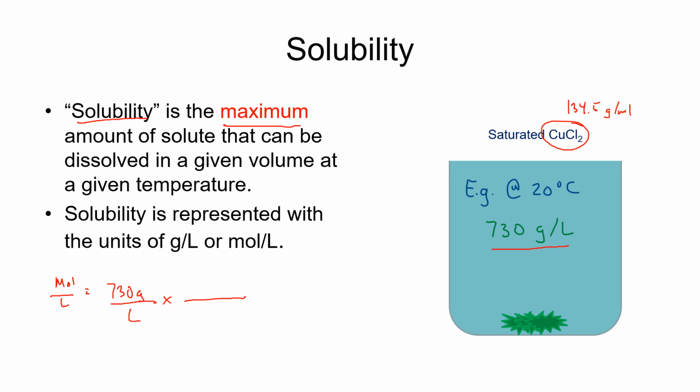And so you can put your 134.5 grams for every 1 mole and have it work out so that the grams cancel out, and you'll end up with your concentration in moles per liter. So 730 divided by 134.5 is, oh, it's pretty high concentration, 5.4 moles per liter, or the big M means moles per liter too.